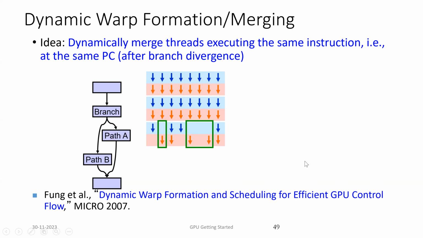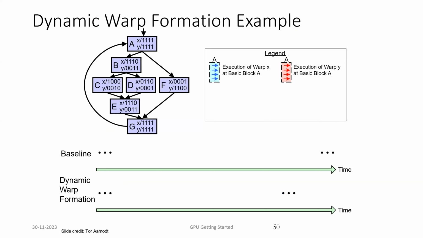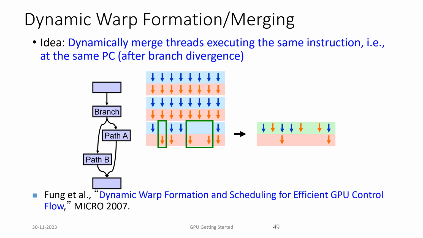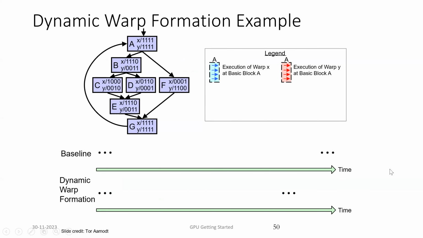Now a new warp will be formed like this and executed, and all the remaining threads will also be formed into another warp, which will take path B. Okay, just a simple illustration of the same.